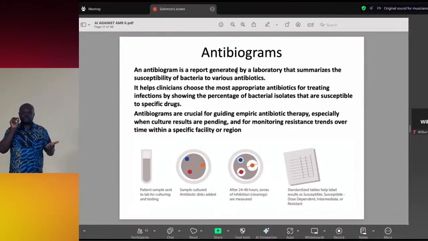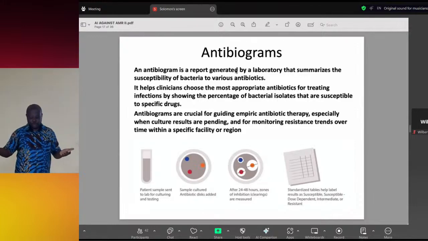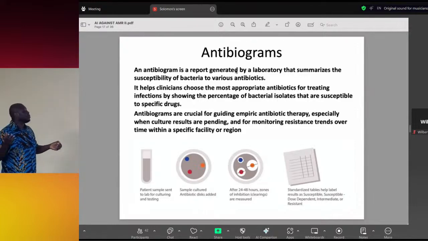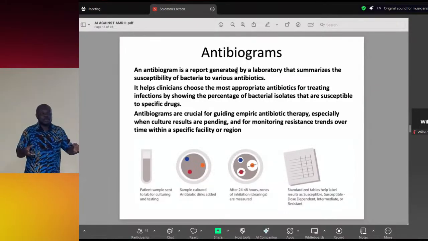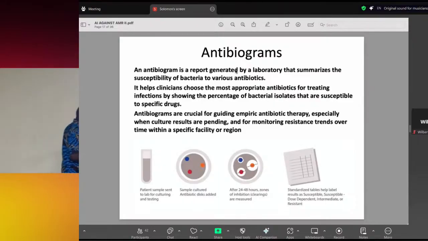They are able to grow the organism. Maybe it is salmonella, maybe it's staphylococcus, and then we are able to test the organism to a range of antibiotics. Maybe we give it some amoxiclav, some cefuroxime, some metronidazole, and then we notice that there's some zone of inhibition on the plate, which shows the ability of the antibiotic to kill the microorganisms.